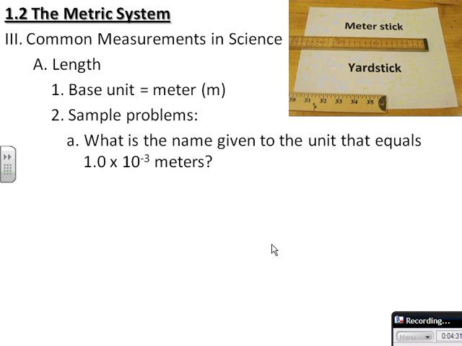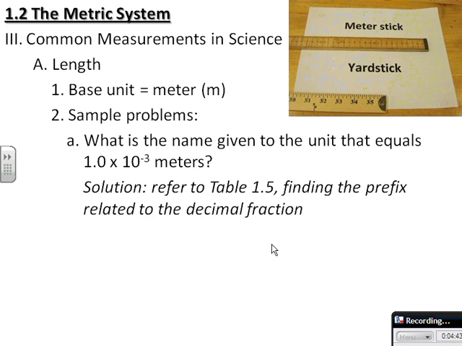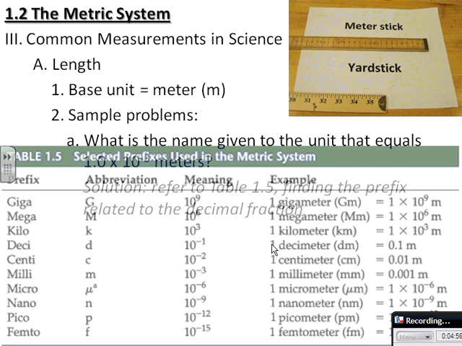The first sample problem is this. What is the name given to the unit that equals 1 times 10 to the negative third meters? Well, we can easily do this by referring back to that table I showed you in the previous slide. So we take a look at table 1.5, and what we want to look for is times 10 to the negative third, and we want to find the prefix that's associated with it.